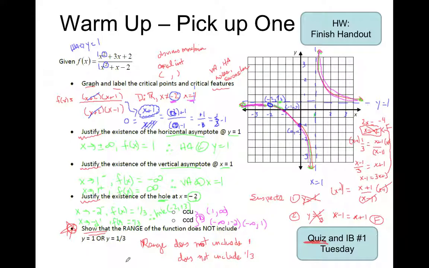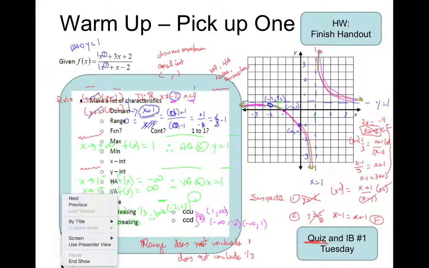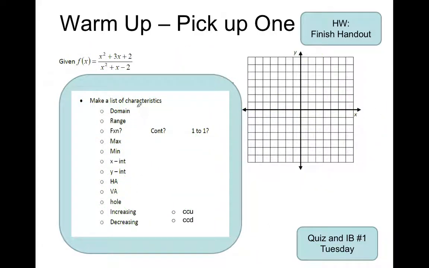All right, let's do some practice then, with the characteristics. We've done a lot of the characteristics. What is the domain? What is the range? We did all this work already.